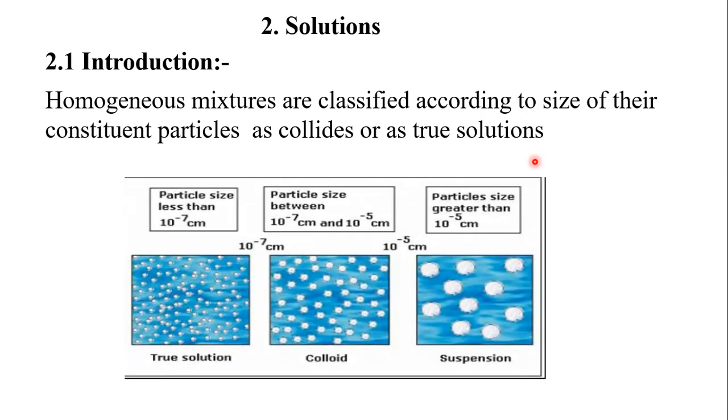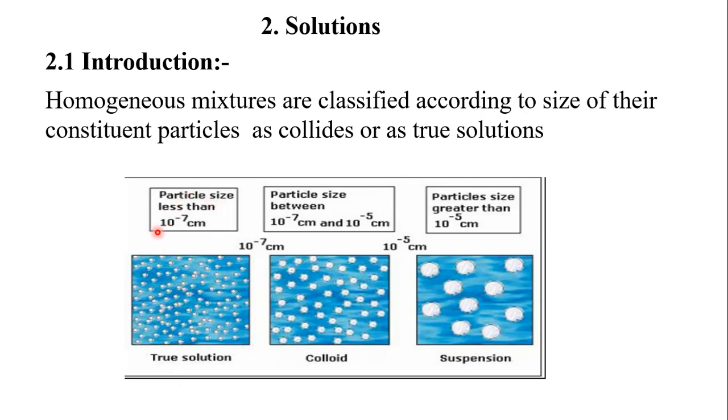True solutions means those solutions in which the size of the solute particles is very small. You cannot observe the solute particles by the naked eye. Such homogeneous mixtures are called true solutions.